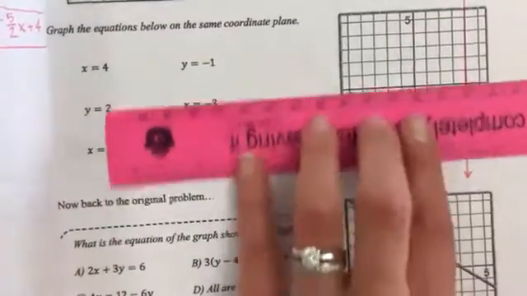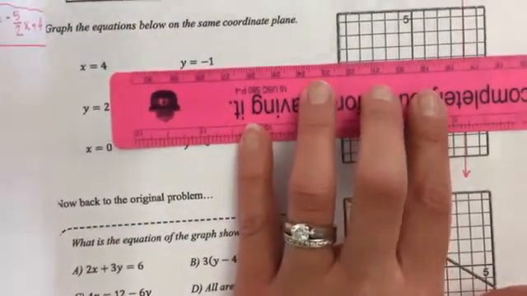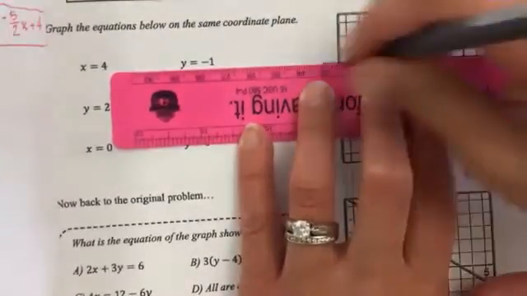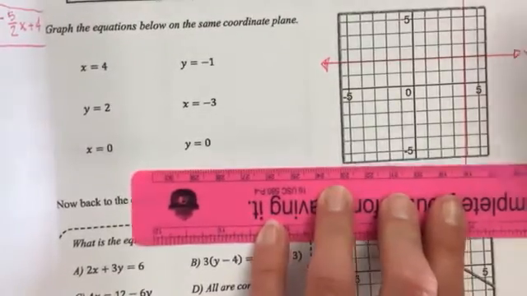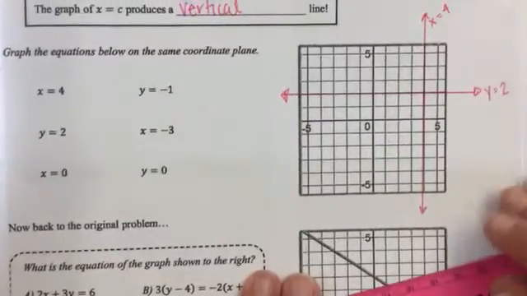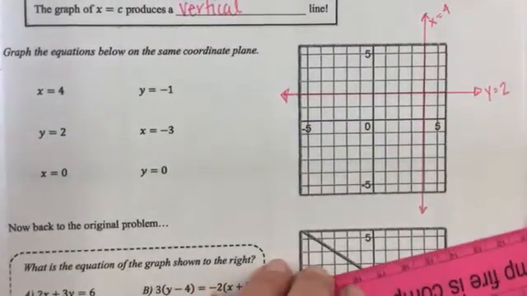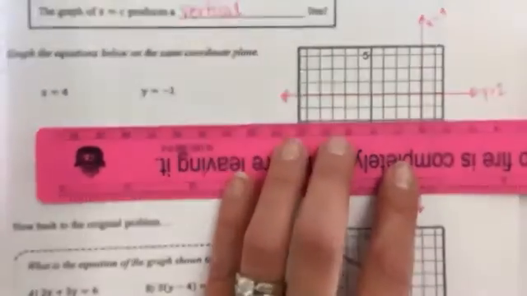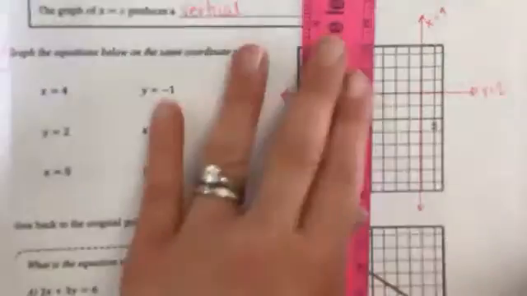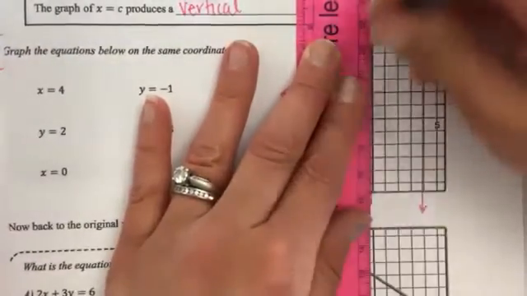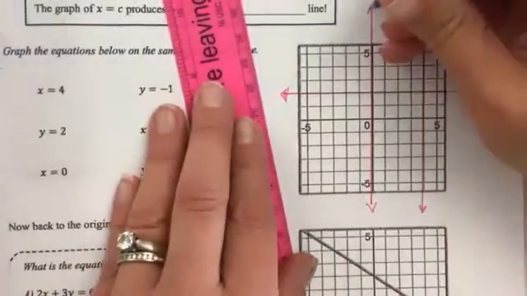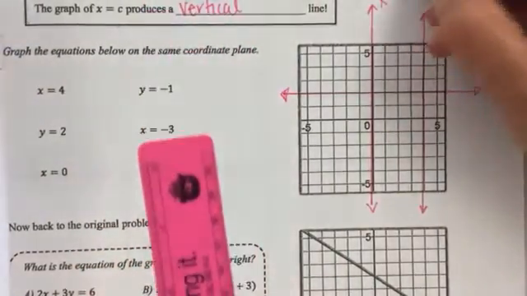So it's going to cross the y-axis at positive 2. That's y equals 2. X equals 0. It's going to be vertical. It's going to go right along our axis here. So this is x equals 0.